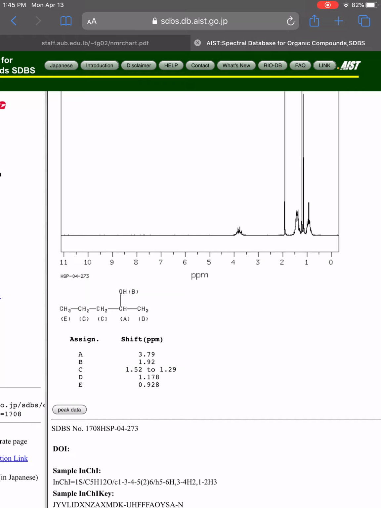Signal C is the next one. Signal D is pretty close to that, and then signal E is the furthest away, so again, the furthest upfield. So you can see definitely a noticeable correlation between proximity to the electronegative atom and whether it's going to be further upfield or downfield.